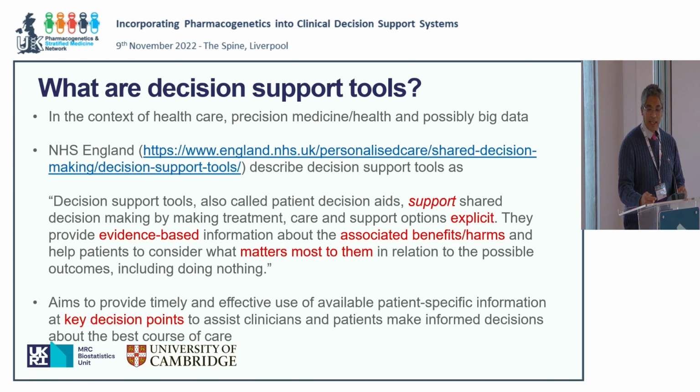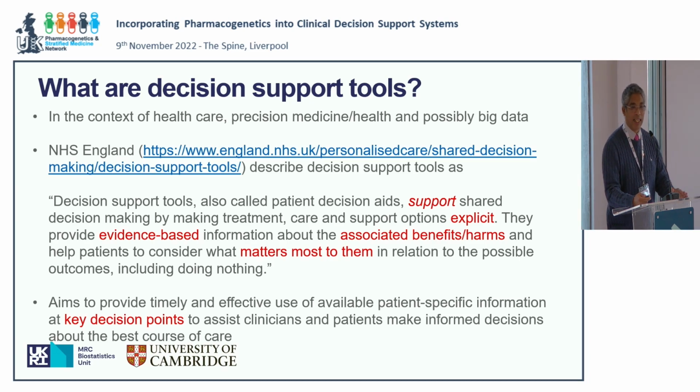And I highlighted a number of words there. Support. So a decision support tool, as it says, is not there to replace a clinician or replace the discussion between the clinician and the patient. It's there to aid the discussion. So it's really important to recognize that.